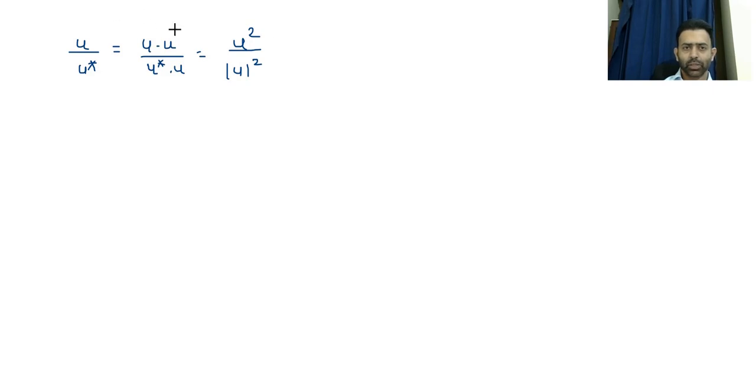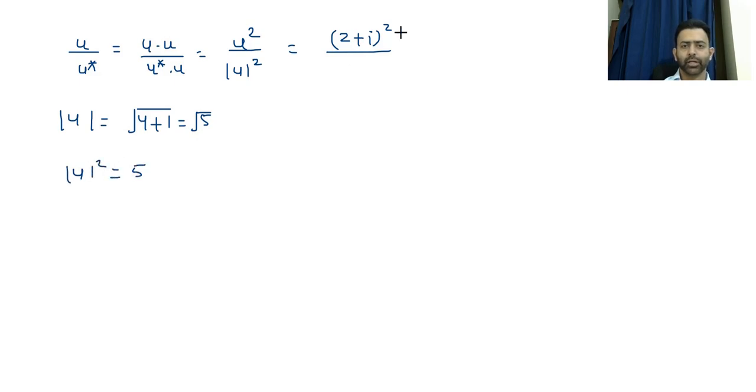Since u is 2 plus i, this is (2 plus i) whole squared divided by mod of 2 plus i squared. So let me separately calculate mod of u, which is square root of 4 plus 1, which is square root of 5, right? So mod of u squared is 5, so this is 5.